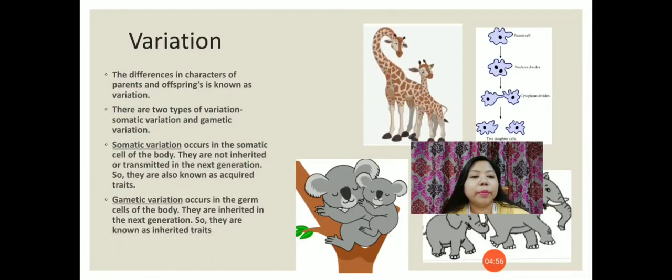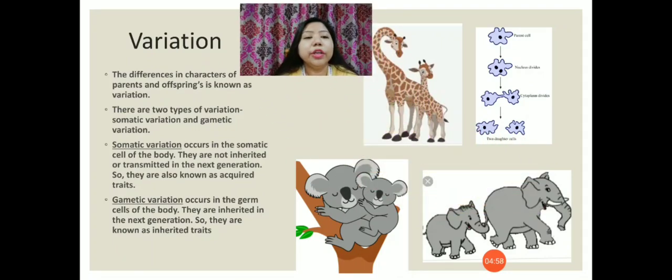Now if you look at the pictures, you will see that the baby koala looks similar to its parents, and the baby elephant and the baby giraffe also look similar to their parents, but they do not look identical. They are a little bit different.